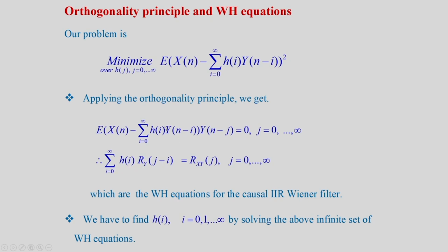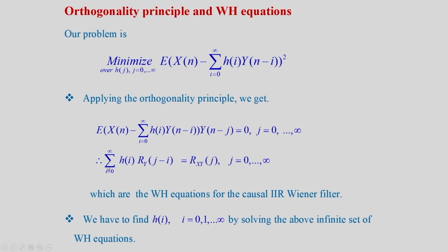Since we are considering a WSS process, y n minus j into y n minus i will give r_y(j minus i). Similarly, x n into y n minus j, if we take the expectation, we will get r_xy(j).